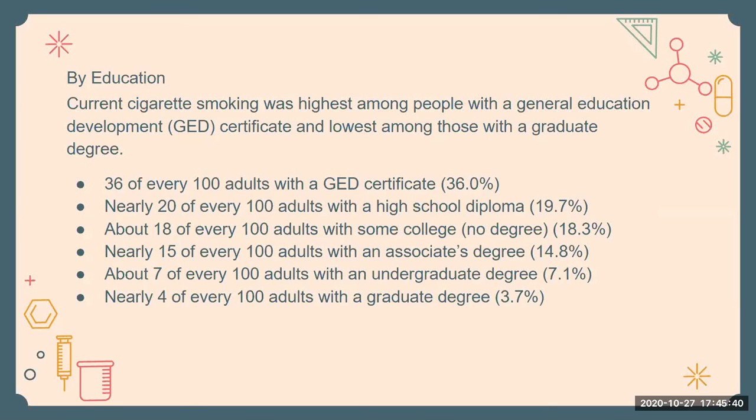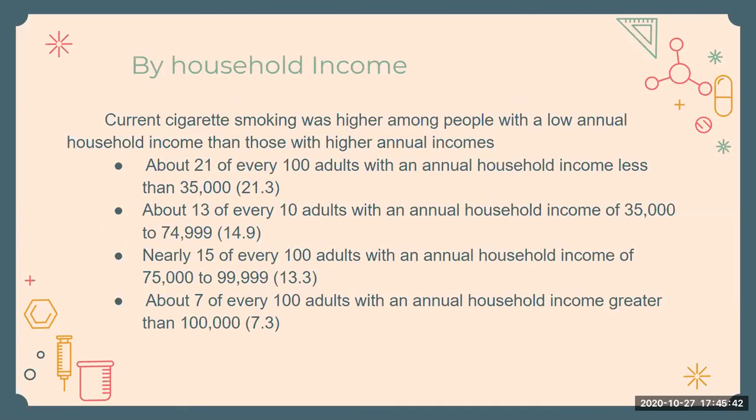Next slide. By household income, current cigarette smoking was higher among people with low annual household income than those with higher annual incomes. About 21 of every 100 adults with an annual household income less than $35,000, at 21.3%.